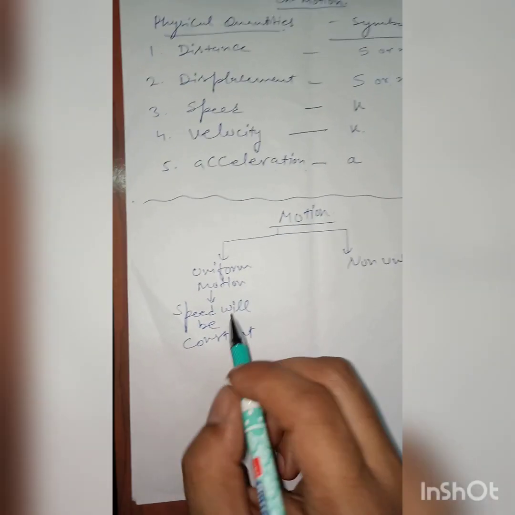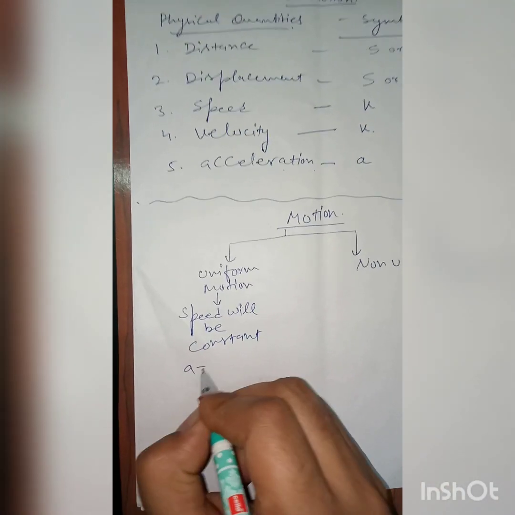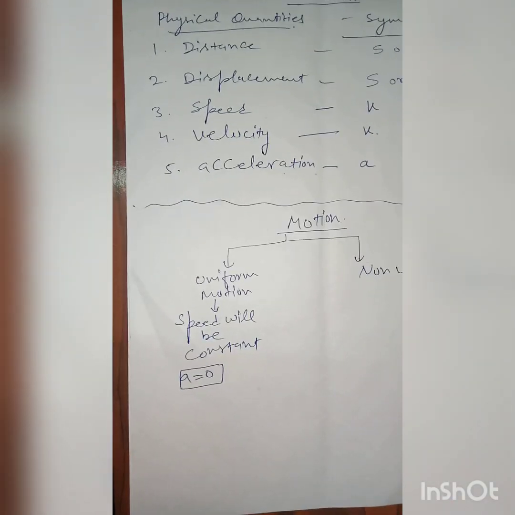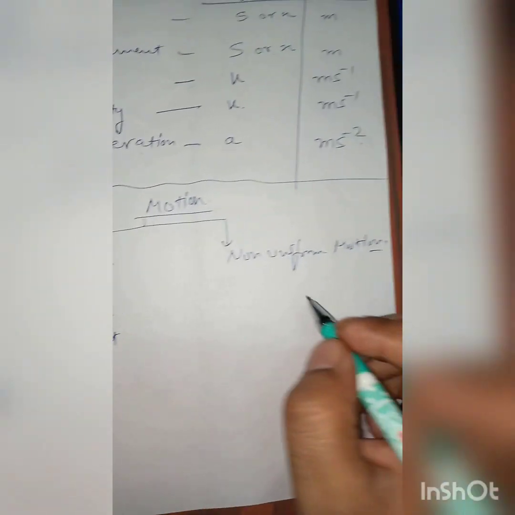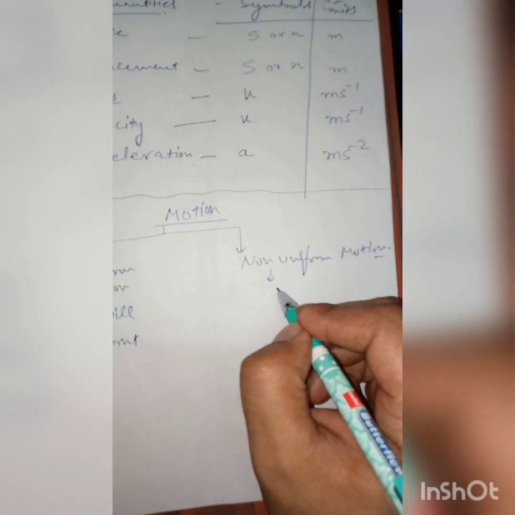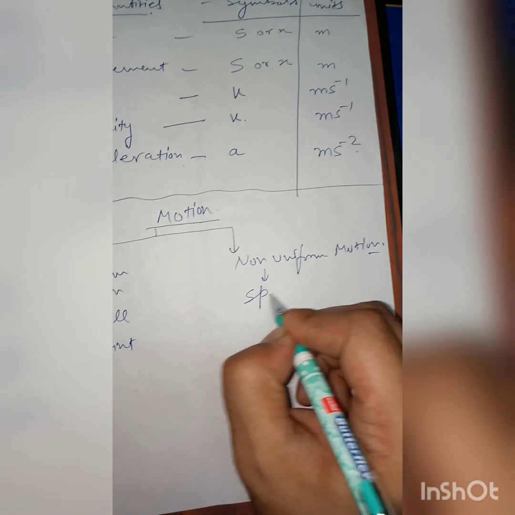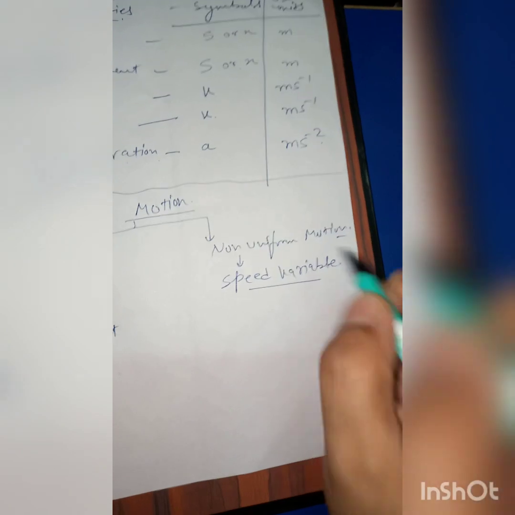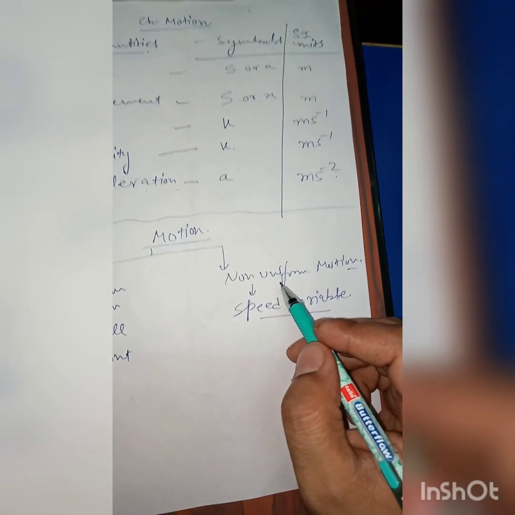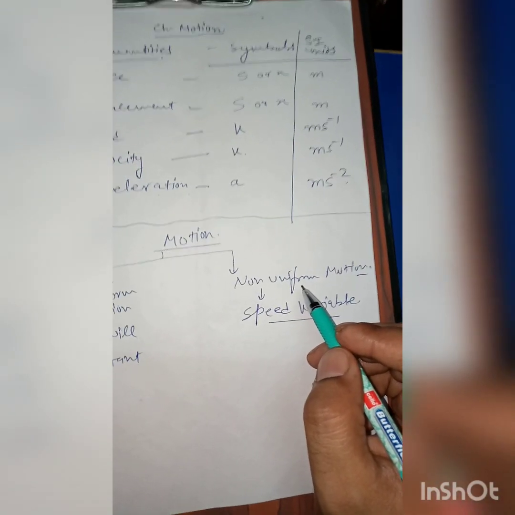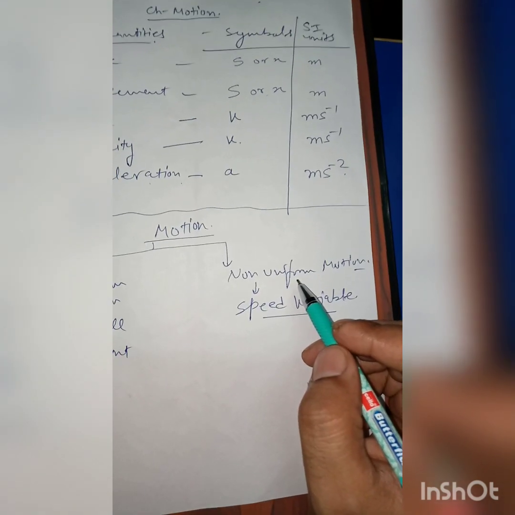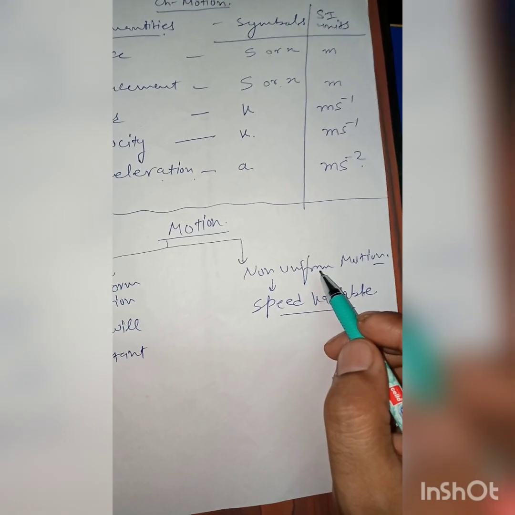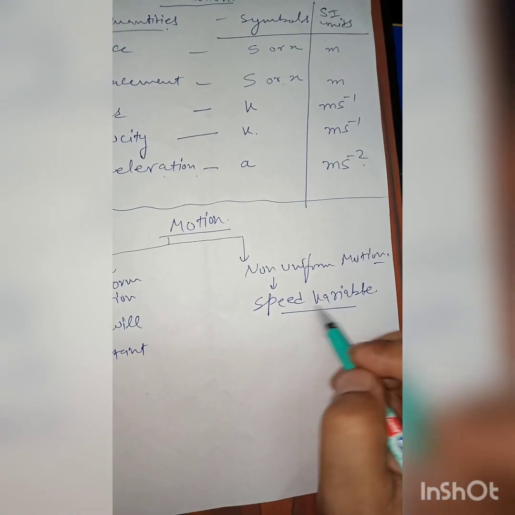If speed is constant, acceleration will be 0 for uniform motion. Now in case of non-uniform motion, speed will be variable, because in non-uniform motion unequal distance changes in equal intervals of time, so speed will also be changing.